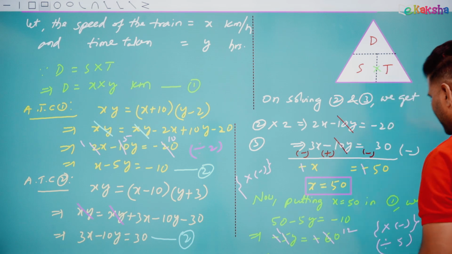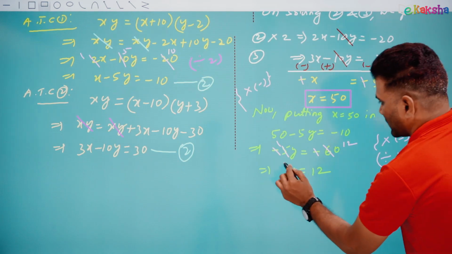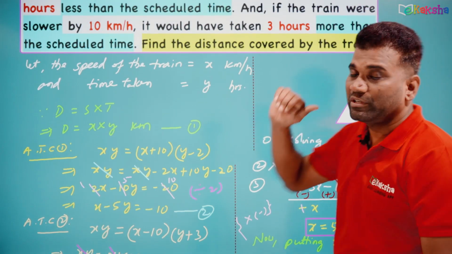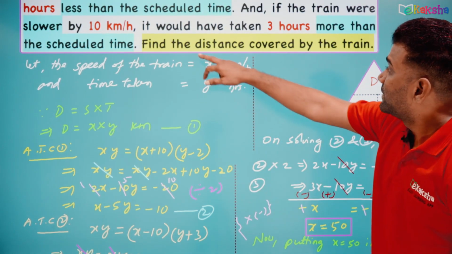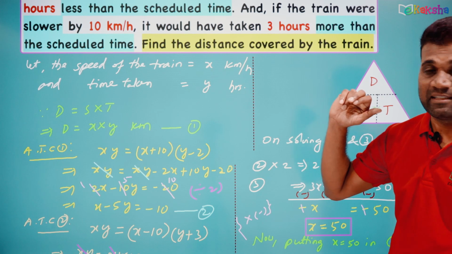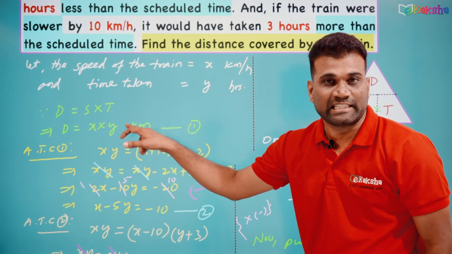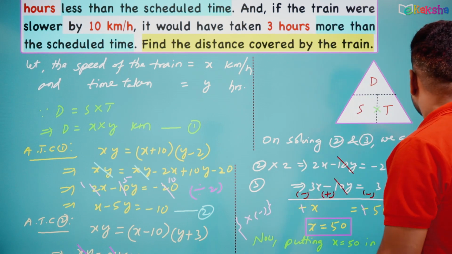x is 50 and y is 12. We have got x and y, but actually what we need to find? We need to find the distance covered by the train, that is from equation 1, the distance covered by the train is x into y, right.